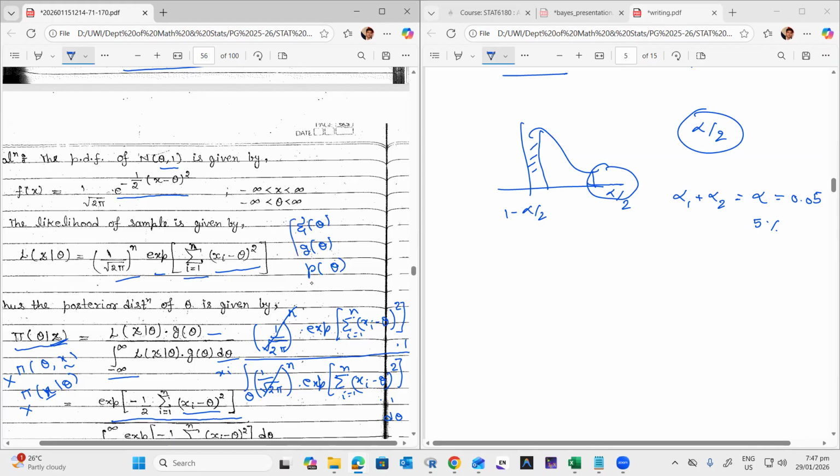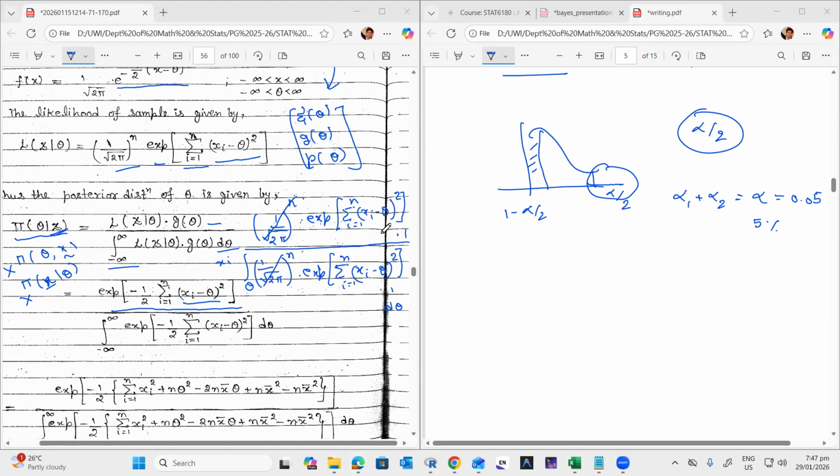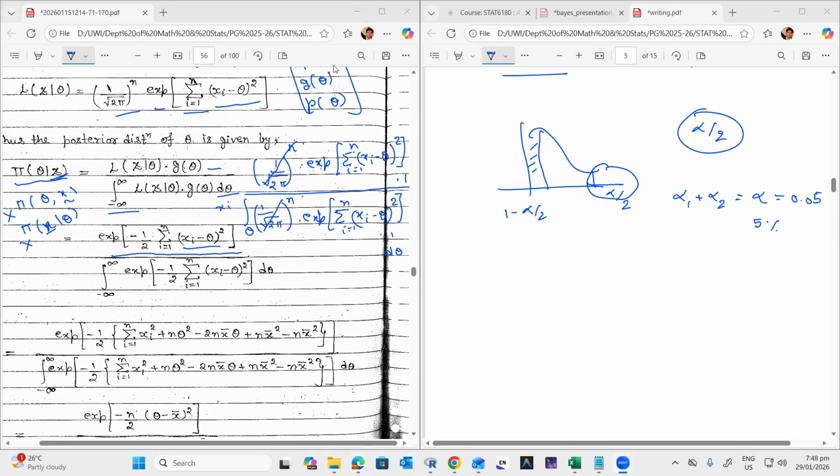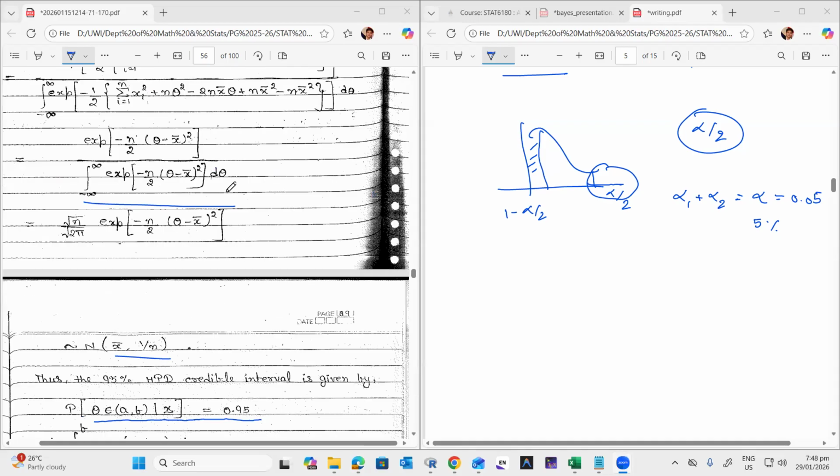These are simply notations for your prior distribution. That is not going to make any impact. G theta is simply the notation for your prior distribution. Yeah, other things are the same. That is not a problem at all.